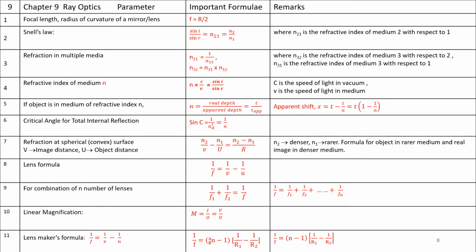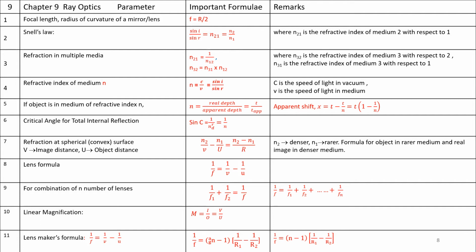Important formulae are given in this slide. Focal length f is equal to r by 2. Snell's law: sin i by sin r is equal to n2 by n1, that is equal to n21, where n21 is the refractive index of the medium.